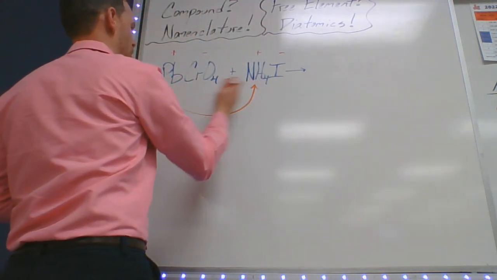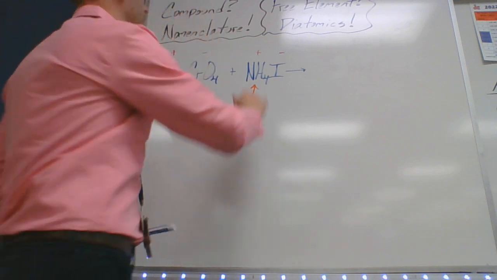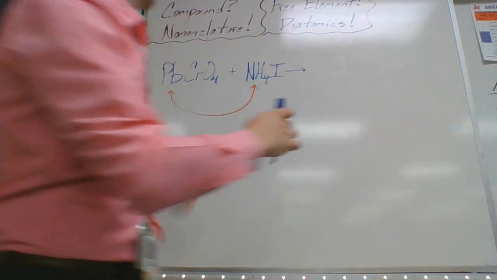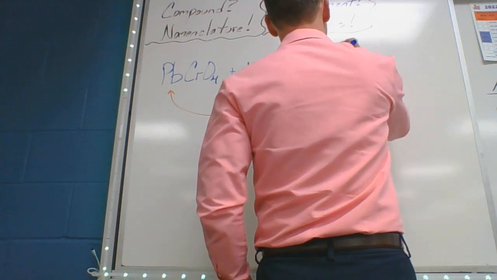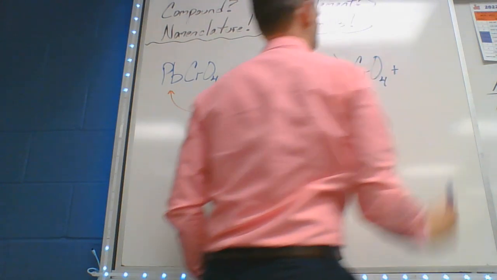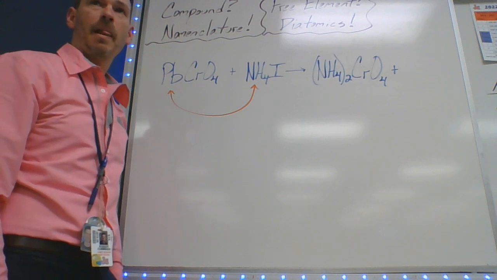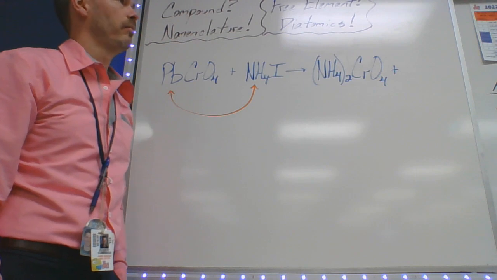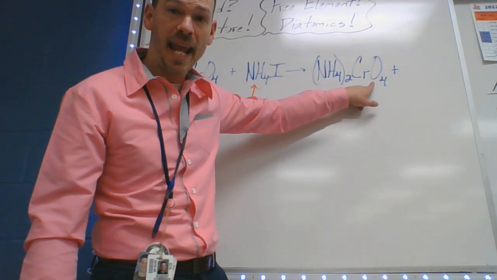I just have a tendency to switch the first 2. Let's swap those 2 guys there. And if we do that, the ammonium will be with the chromate. I wrote it that way because I crossed ammonium's 1 to chromate and nothing happened.